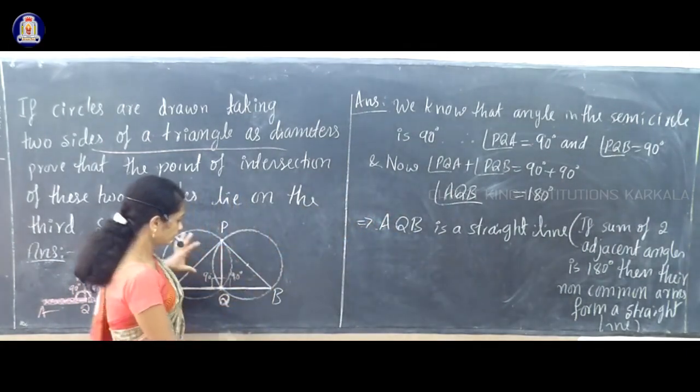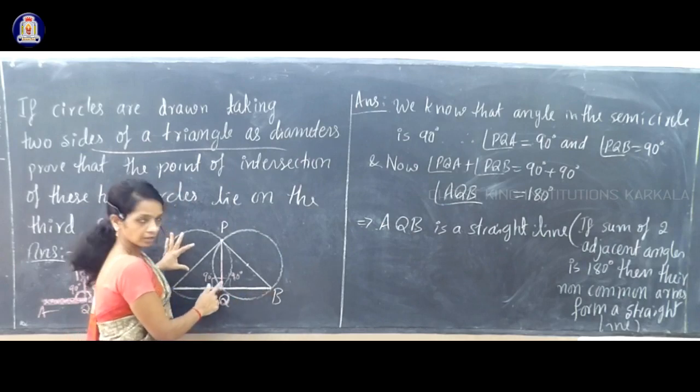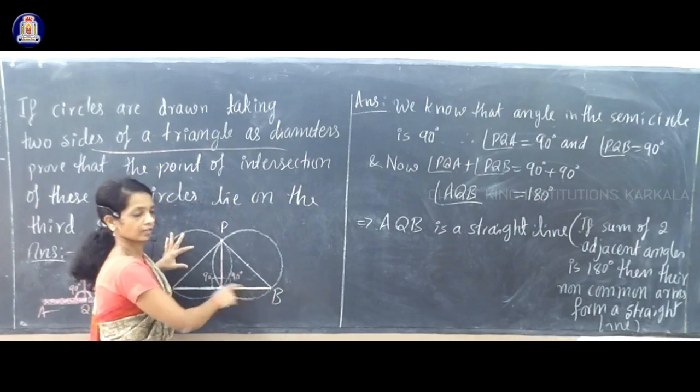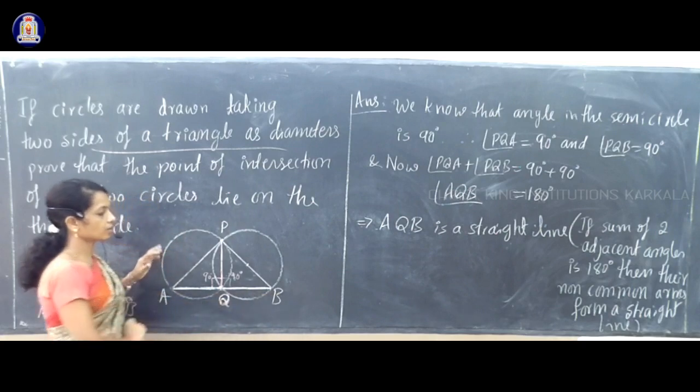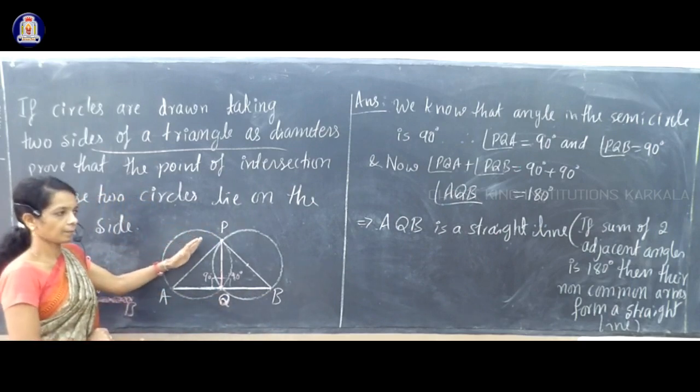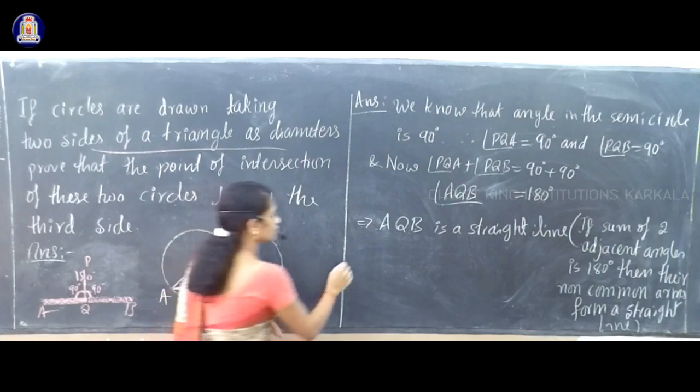straight line, and AQB is a straight line means you can see Q is on the line AB. What is AB? AB is the third side of the triangle PAB. Okay. So this implies what?